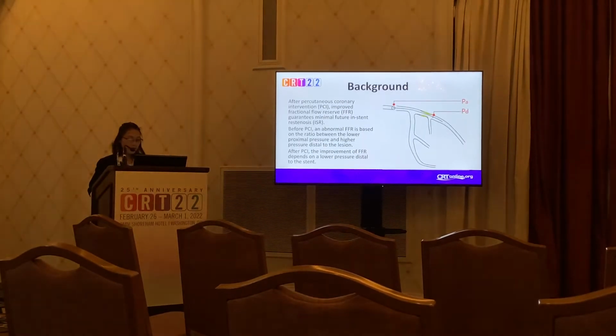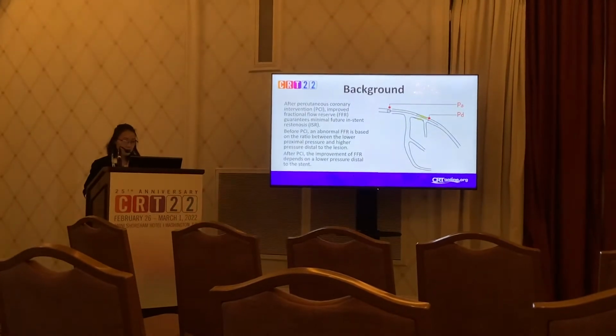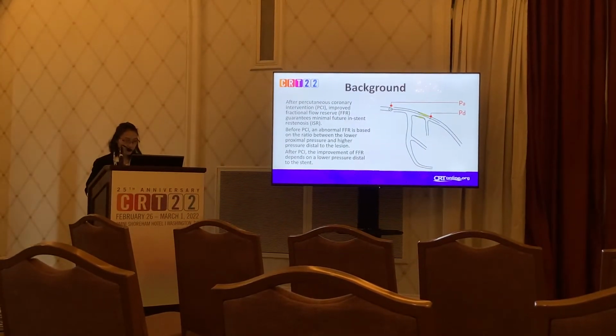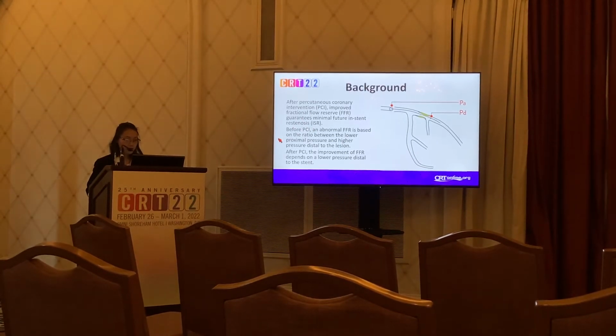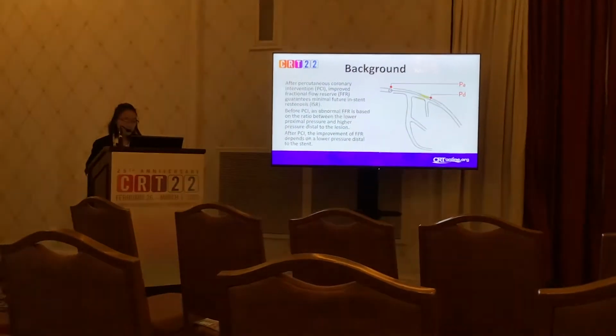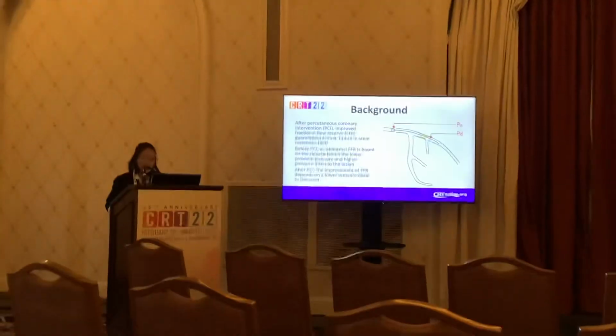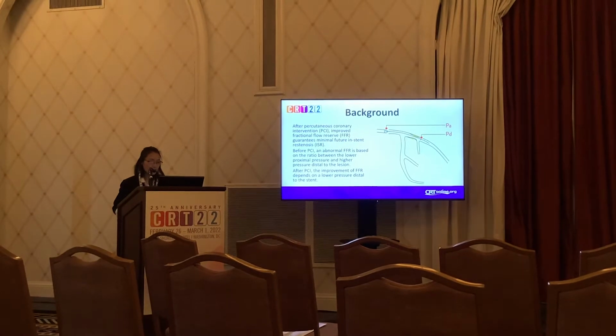About the background: after PCI, improved FFR guarantees minimal future in-stent stenosis. FFR is a measure of the pressure difference across a coronary artery stenosis to determine if the stenosis is physiologically significant. Before PCI, FFR is a measure of Pd over Pa.